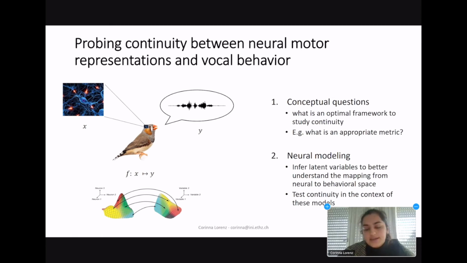In the second part, which is more free, the idea is to leverage neural modeling approaches to better understand the mapping between neural activity and behavior, for instance to infer latent variables, and then to test if continuity is preserved in the context of these models. This also requires some understanding of these models and of how to evaluate if a model is good or not.